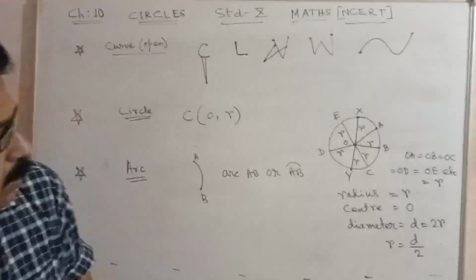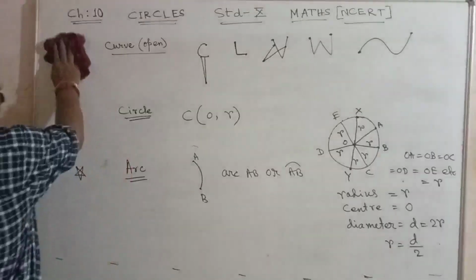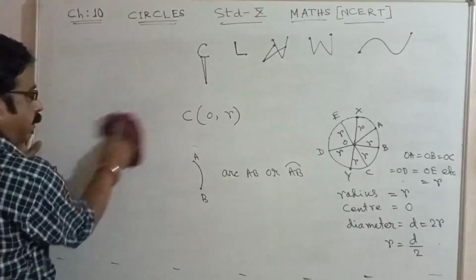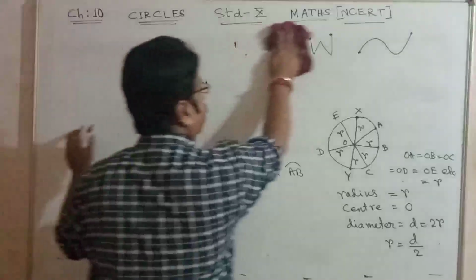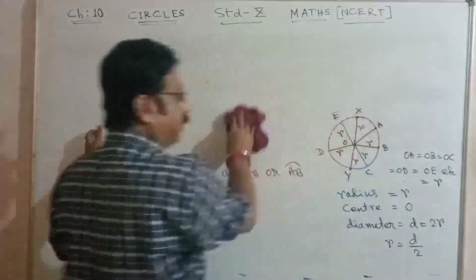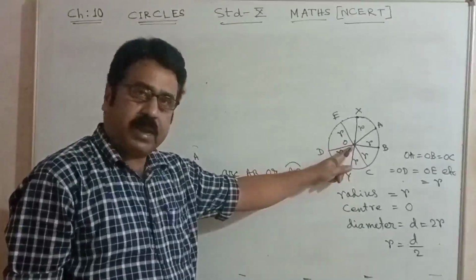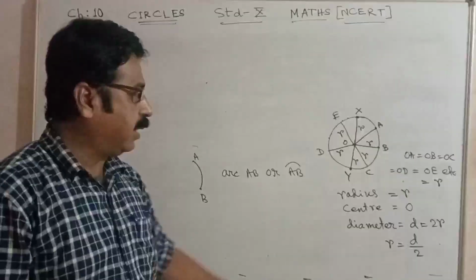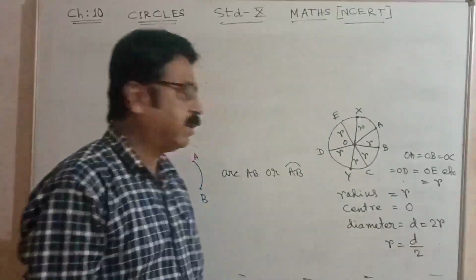Next topic, a line and a circle. Already we have studied what is a circle, what is the center of the circle, what is the radius of the circle, what is the diameter of the circle, and the relation between the diameter and radius of a circle.